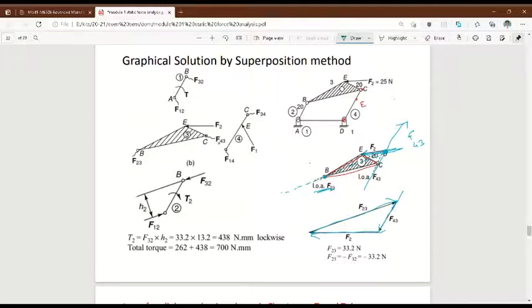Now measure the values. Particularly measure the F23 value.